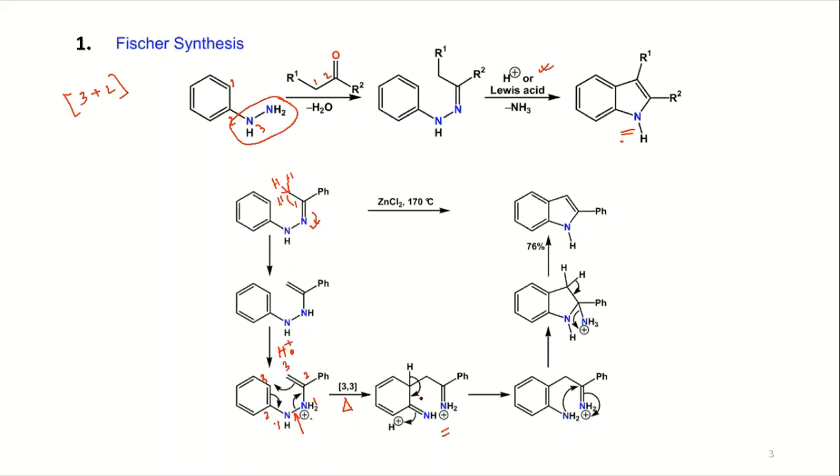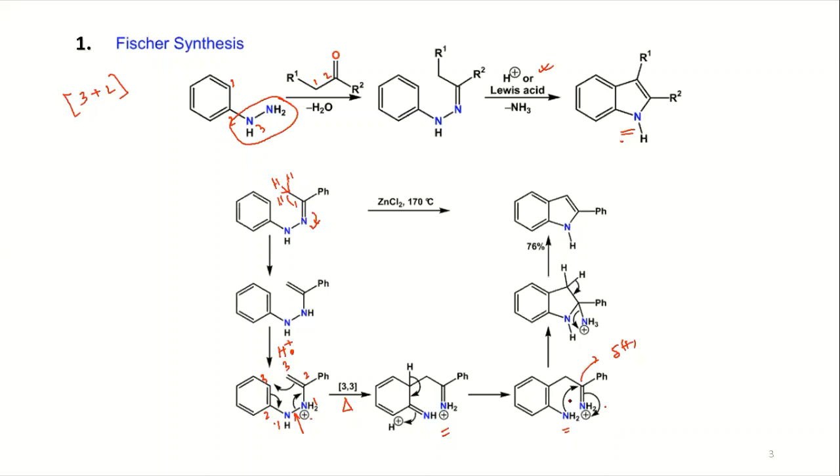Now after that, since the benzene ring is losing its aromaticity, it will try to regain it. So this proton will be lost and you will have the NH2. Now this NH2 is free, and this side NH2 is still protonated, so that means it is having delta plus.